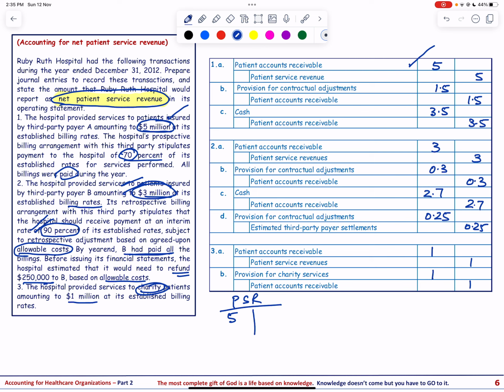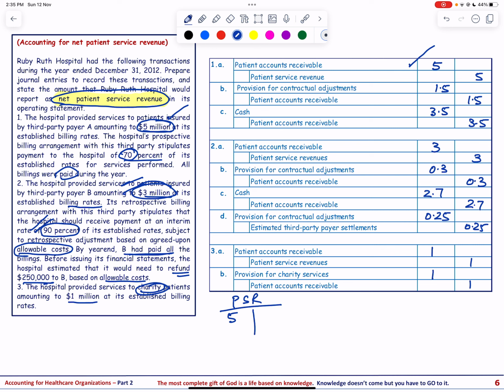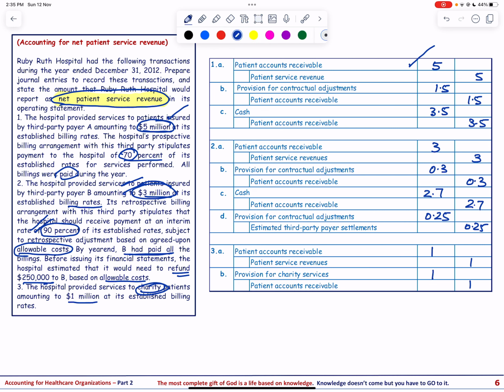They are asking for net patient service revenue, so we look into the patient service revenue.